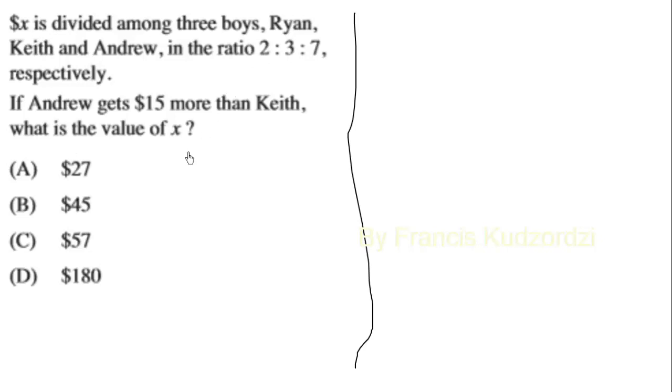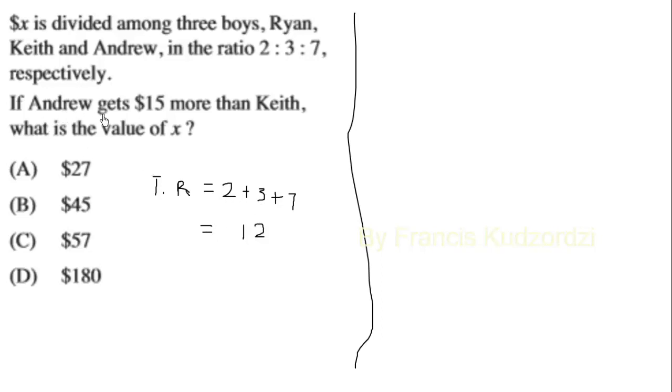The total ratio is equal to 2 plus 3 plus 7, and this will be equal to 2 plus 3 is 5, 5 plus 7 is 12.